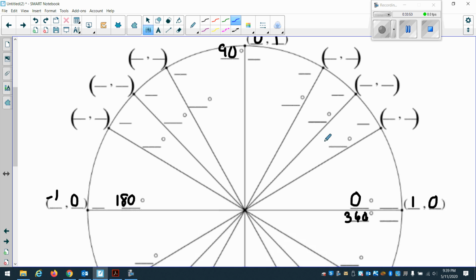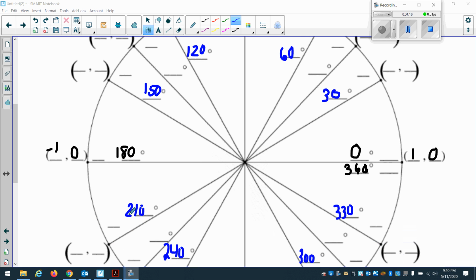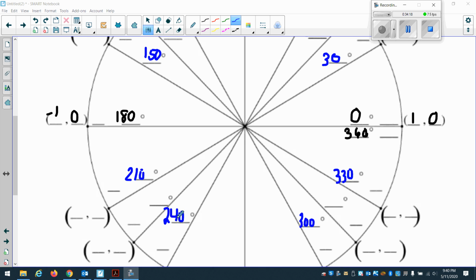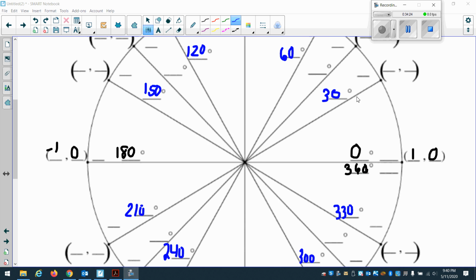Okay, you could start with going through every 30 degrees. So 30, add 30 is 60, add 30 is 90, add another 30 is 120, 150, then add another 30 to get 180, 210, 240, then 270, 300, 330, rounding off at 360.